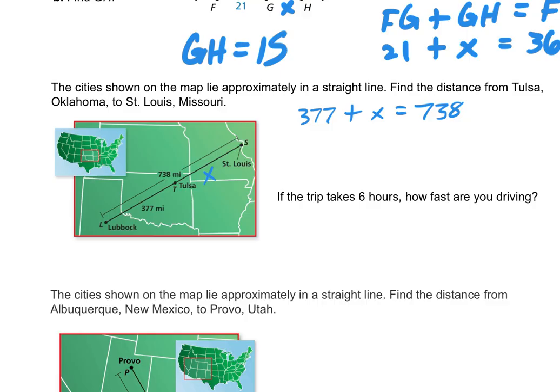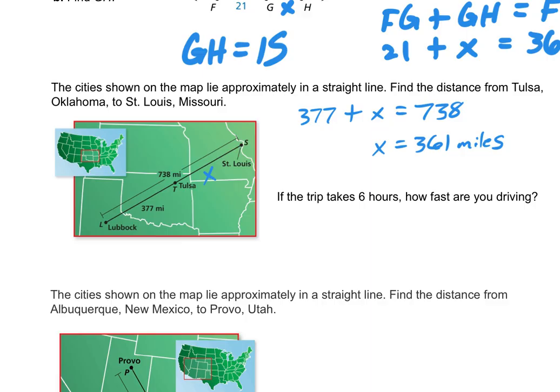So we're going to subtract 377 from both sides. So 738 minus 377, what's that leave us? 361. Okay, and on this one, we can go ahead and label it miles because we're talking about a length of a trip, distance of 2 cities on a map.